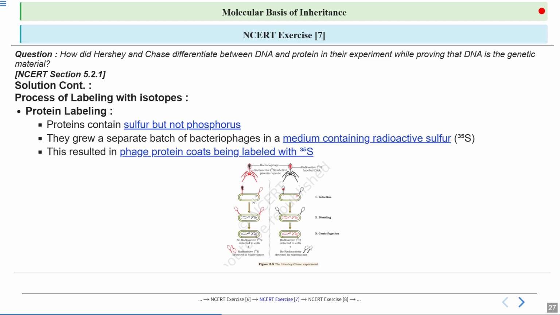In the batch grown in radioactive sulfur, no radioactivity was detected in the cells, whereas radioactivity was detected in the supernatant. In the other batch, grown in the medium containing radioactive phosphorus, radioactivity was detected in the cells, but no radioactivity was detected in the supernatant. This proves that DNA is the actual genetic material.